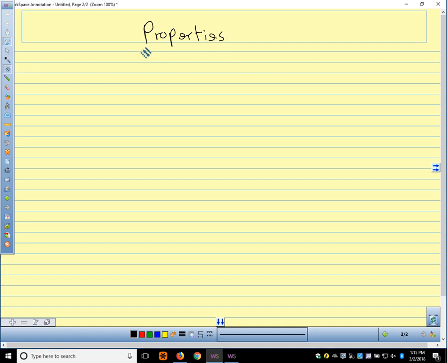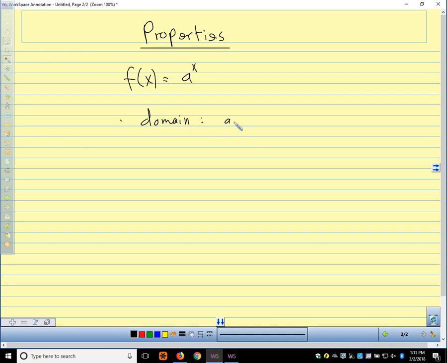One of the nice things about exponential functions is all of them share the same properties. We don't have to say, if this, then it does this; if that, then it does that. They're all the same. So we have f of x equals a to the x. Our domain is all real numbers. We could also write it in interval notation, negative infinity to infinity.